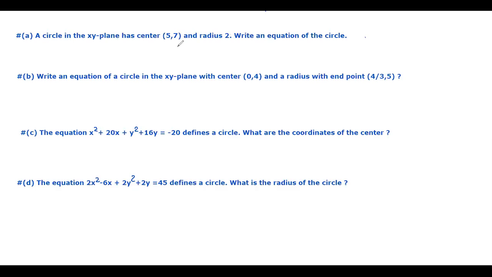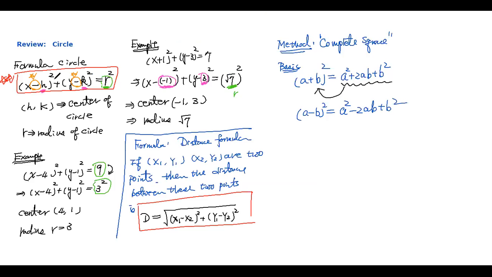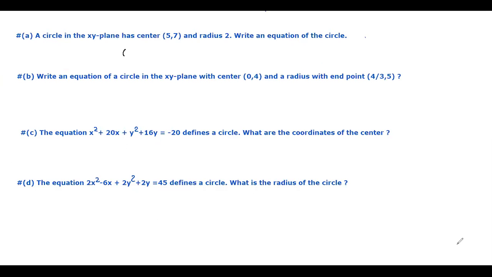So this is just straightforward. If its center is 5 and 7, we just apply the first formula we talked about. What does the equation look like? It will be x minus 5 squared plus y minus 7 squared equal to r squared, so it's equal to 2 squared, and 2 squared is 4.